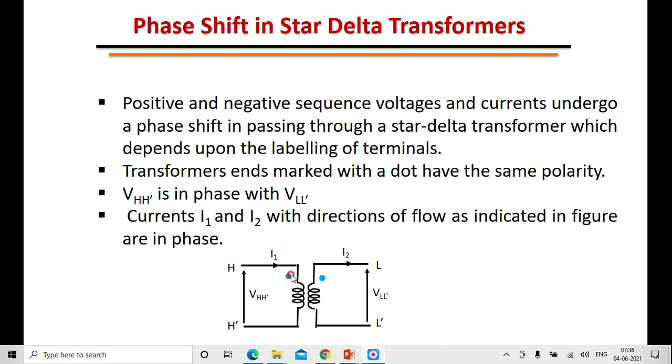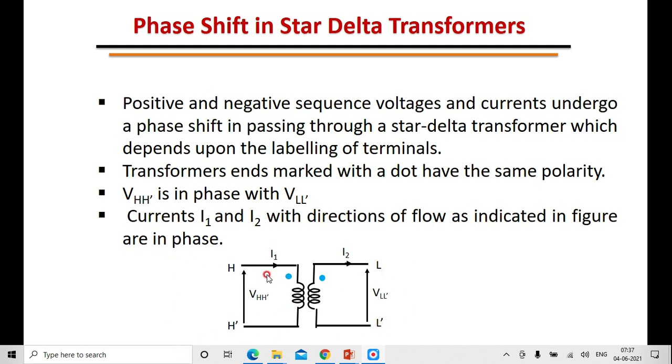Similarly, the low voltage side is usually marked L and L dash, or sometimes IEEE standards suggest X, X1, X2 like that. But here, to make it very clear, I am taking H and H dash for the high voltage winding and L and L dash for the low voltage winding.